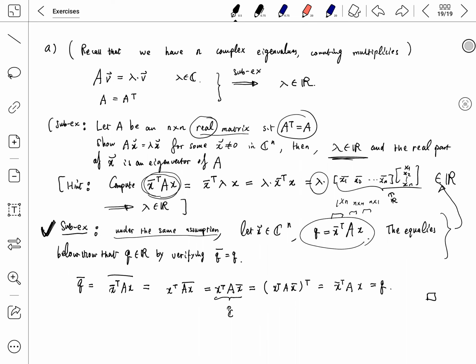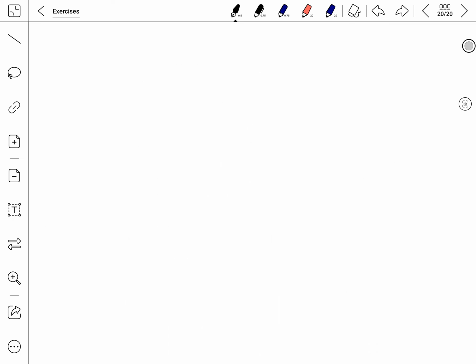So we're talking about this real matrix. The one left is to show the eigenspace statement. But this follows from the orthogonal diagonalization.